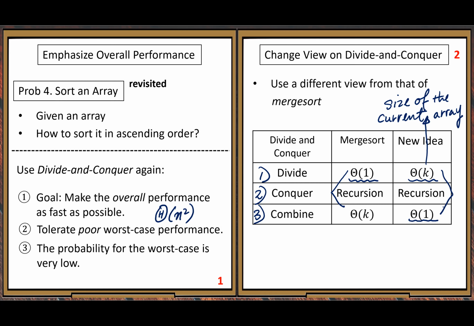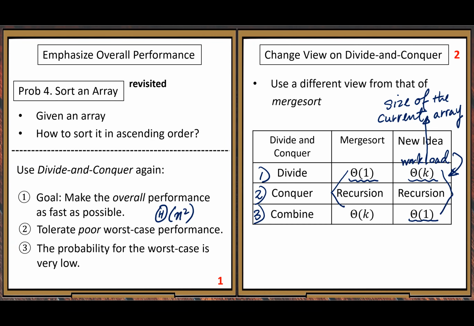To be more realistic, we have to distribute our workload. You can see for the new method, our main workload is at step 1, not at step 3. Step 3, we do minimum.